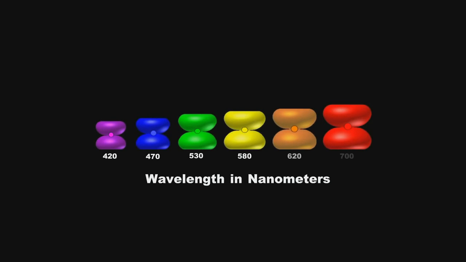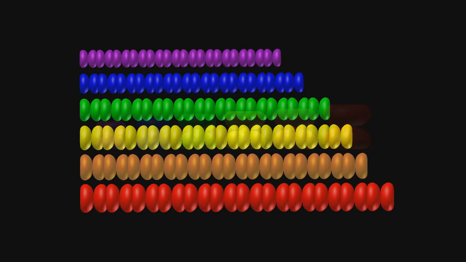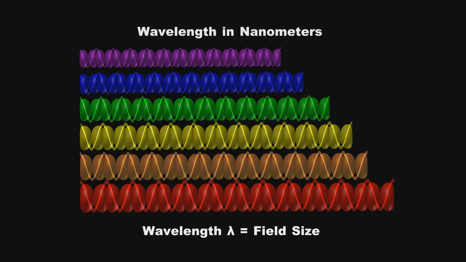Once more, we see that wavelength is related to field size. Here we have rows of photon fields with the corresponding waveform. So you can now see that the waveform clearly represents the size of the fields around a photon of electromagnetic radiation.